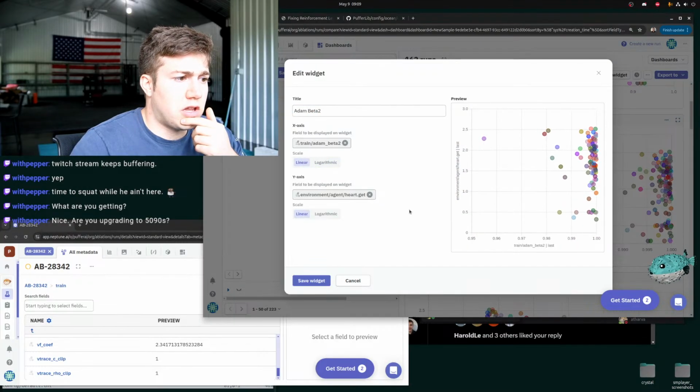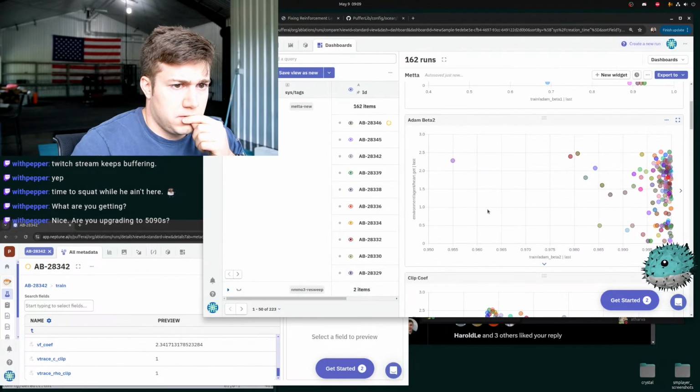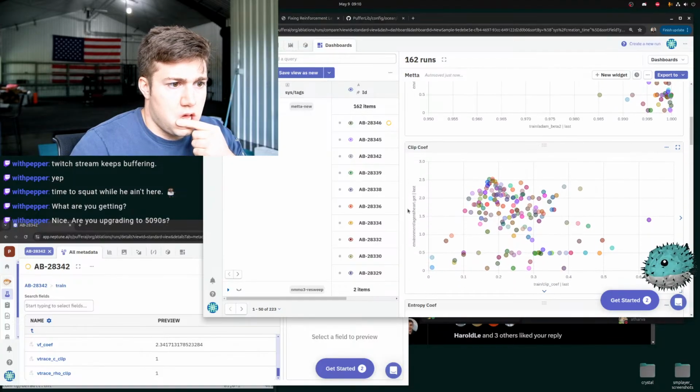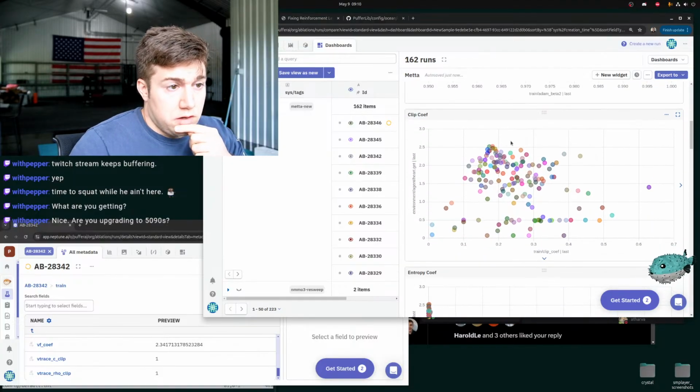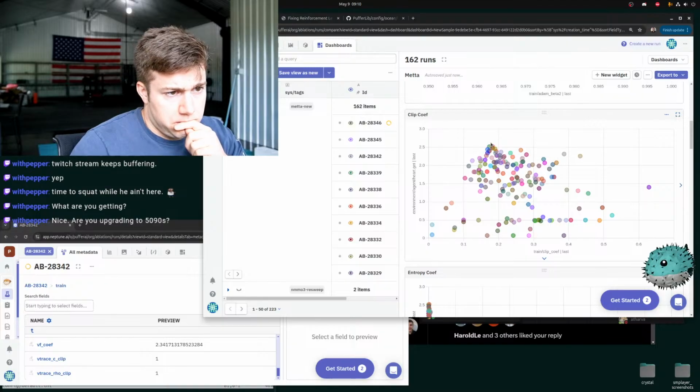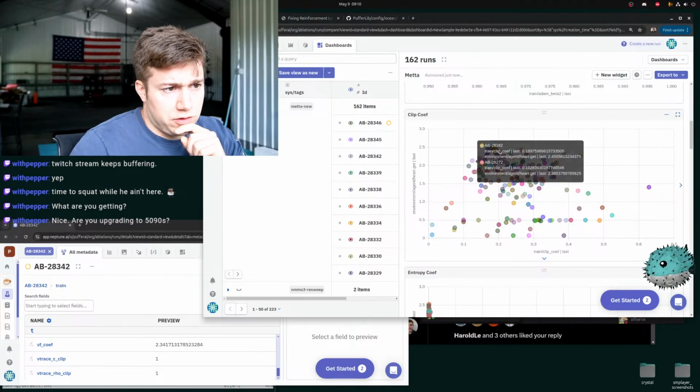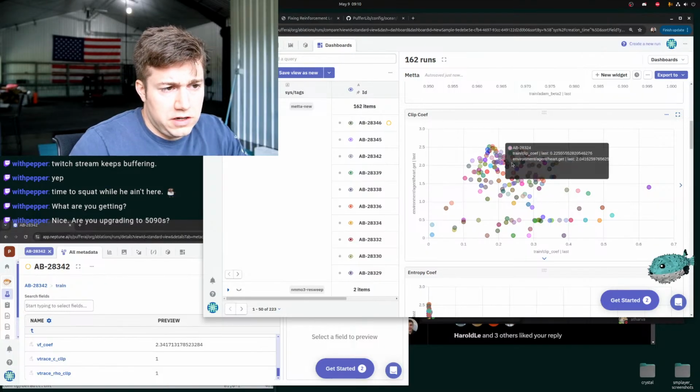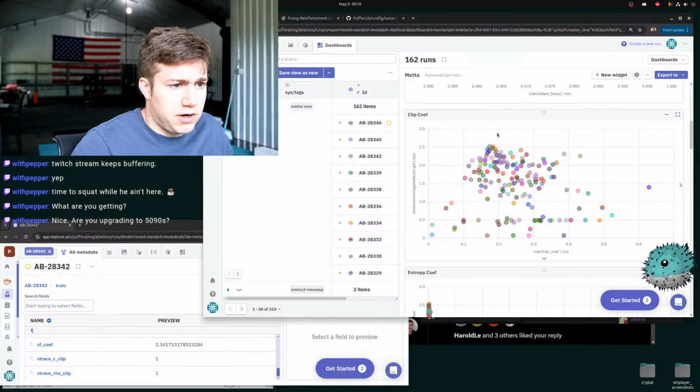No, because it doesn't know what a logit is. It needs logit scale, man. Clip coefficient, actually, right here. There's a little bit of advantage to be gained here by actually tuning this, right? And all these around 0.18.